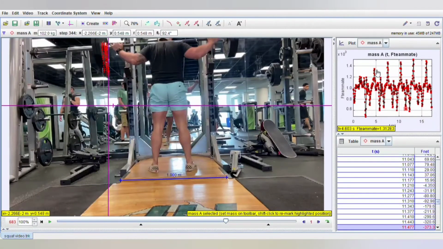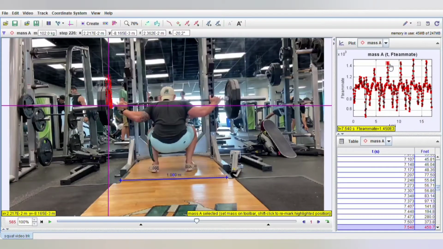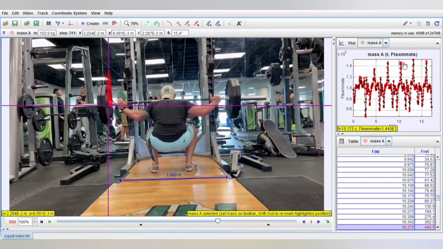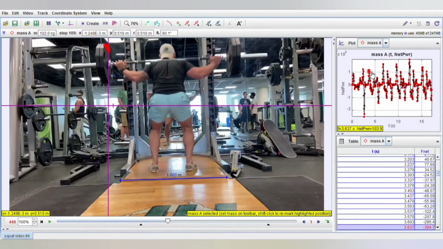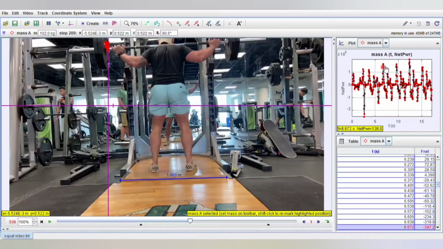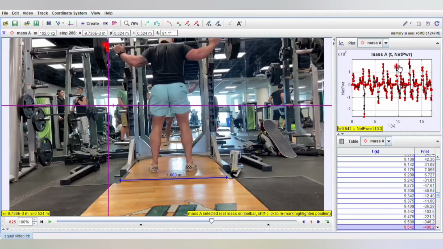This is my force, the force of the weight added to the mass times the gravitational constant. It also seems to be at its maximum point at the bottom of the squat. And this graph is the power acting on the weight, the force of the weight multiplied by the velocity in the y component. It seems to be at its maximum towards the very top of the squat.